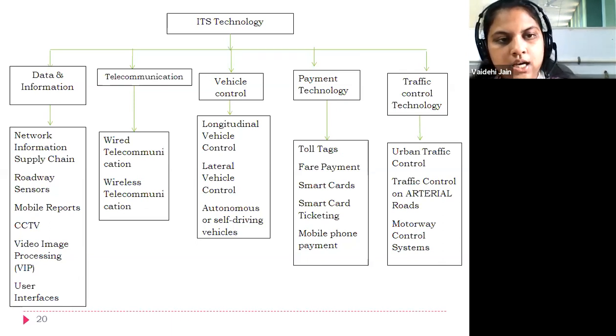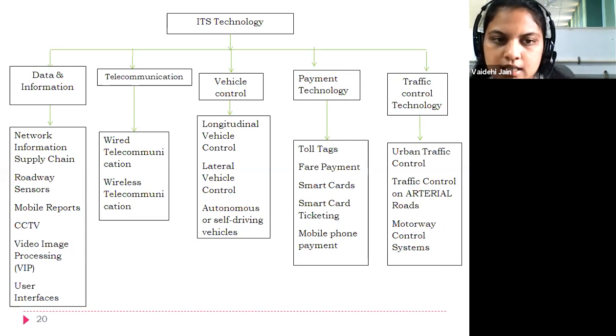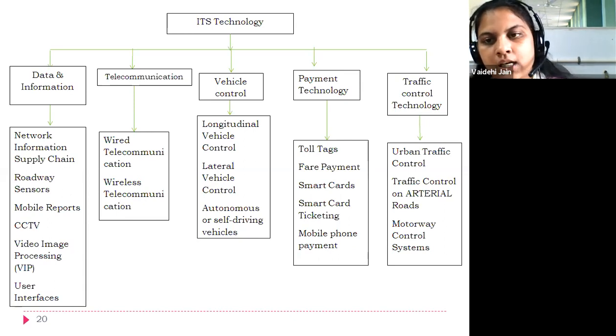Then, after this data and information, you need some telecommunication ways. That communication can be wired or wireless. Nowadays we use wireless, but it can be wired communication too. Now, if you have that communication system, then two other components are there.